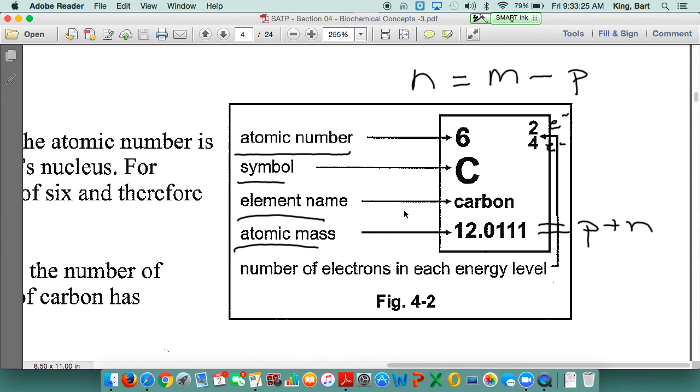So neutrons equals the mass minus the protons. If you don't know the neutrons, you can figure that out by taking the mass and subtracting the protons. Is that algebra or what?